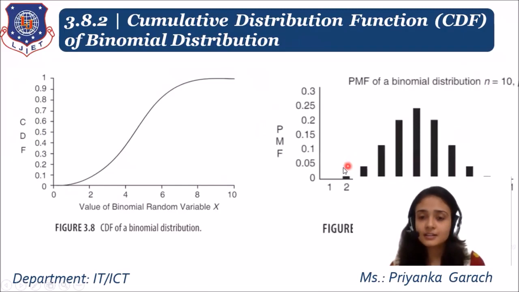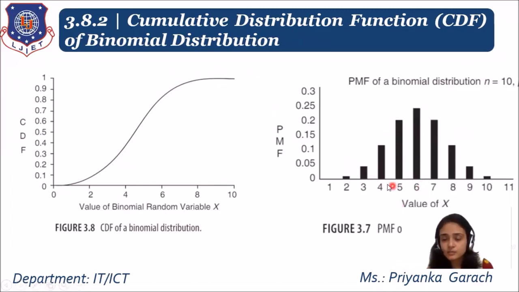Now let's see, this is my graph of the PMF, and in this graph, you can see that the highest point in my PMF is at the value of 6. So in the CDF, you can see that the graph rises till the value of 6.